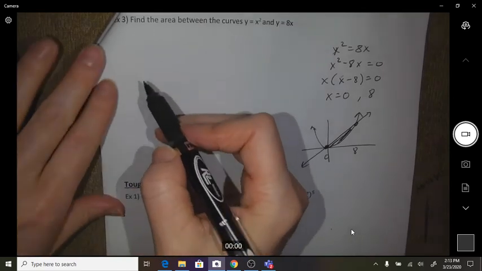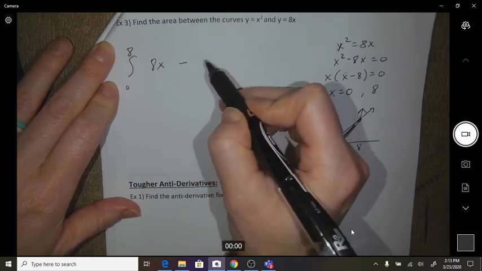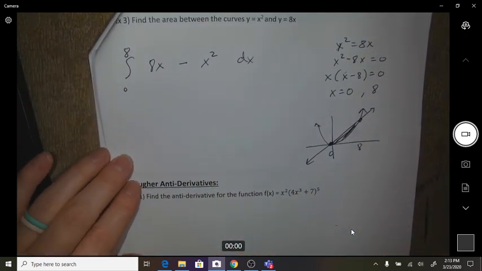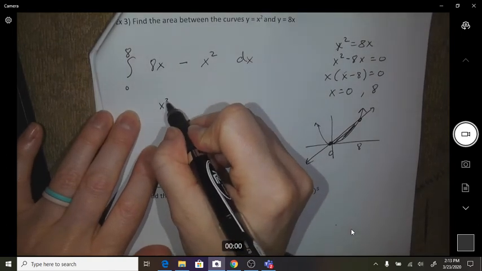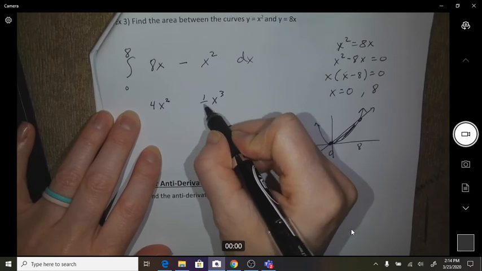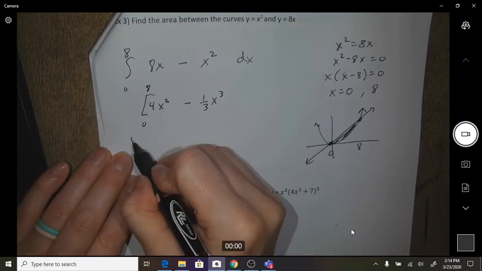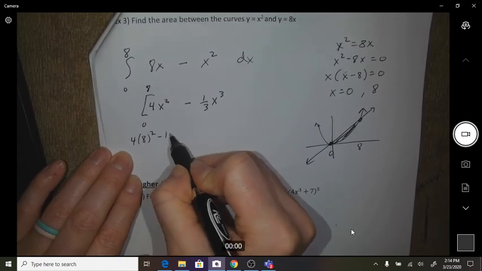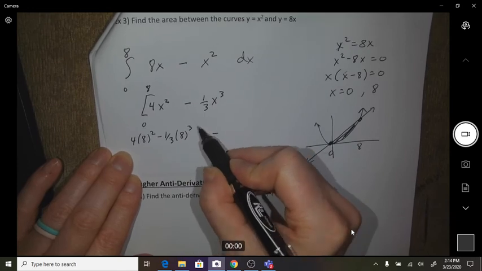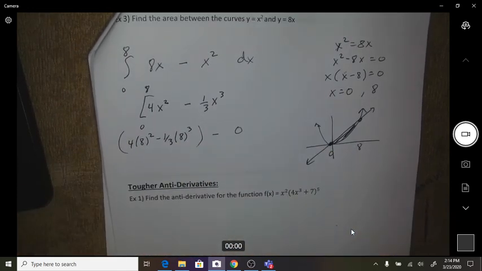Okay, so I'm going to take the area from 0 to 8 under the line minus the curve. So anti-derive: x squared is 4, x cubed is 1/3, from 0 to 8. So input an 8. And when I input a 0, I think it's all going to come out to 0.